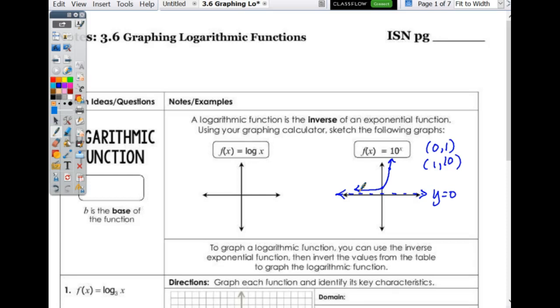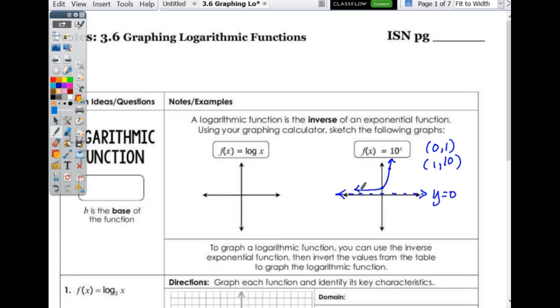The log is the inverse of the exponential. So this exponential, the base is 10. What's the base for this log? Right? It's not there, so it's 10. So since this is base 10 and this is the inverse, I'm going to use these points, and I'm just going to invert them and graph them.